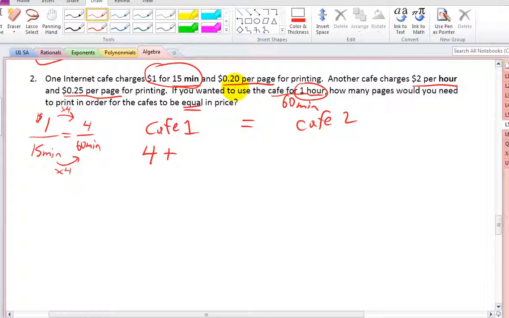How are we going to write that? 0.2 times P or X. We'll call it P for page. Equals. What about Cafe 2? Have a look.